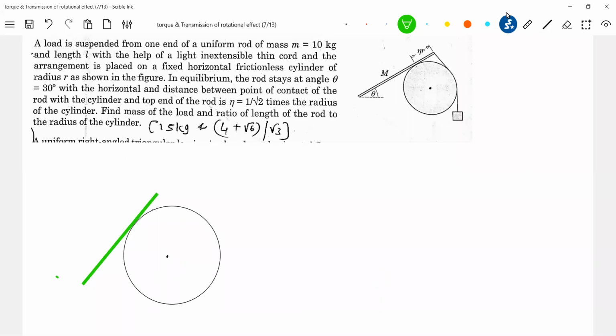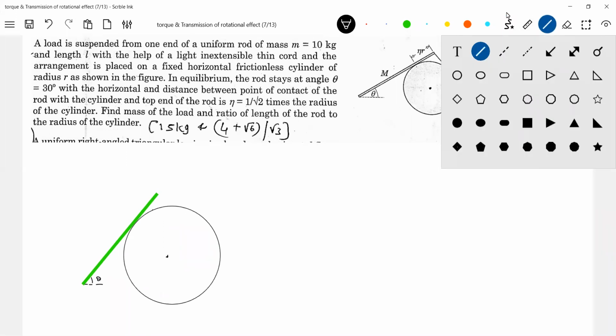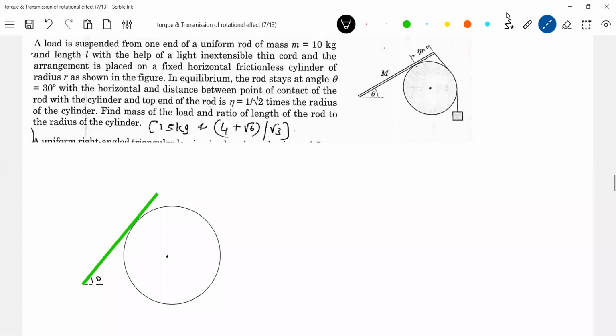This is about the rod. The rod makes an angle theta. So let me go on to the other things. This is a normal. And there's a string.